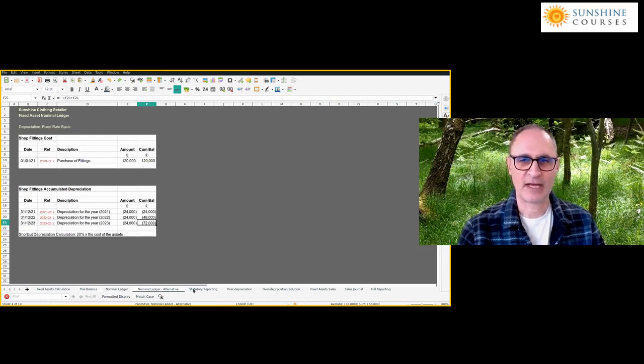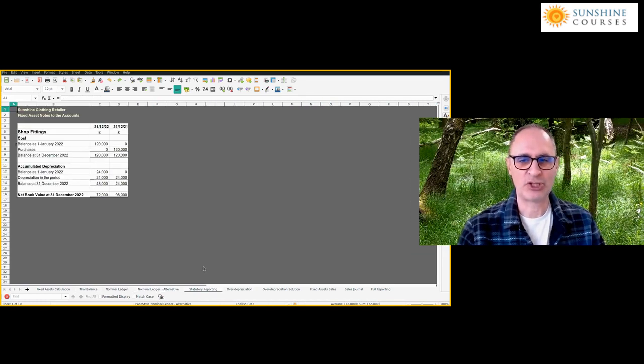So, final thing I just want to mention is how you show this in the statutory accounts. And in the statutory accounts, there's a traditional format. You show the previous year in the following column, and the current year is in the first column. And for various reasons in the statutory accounts, we separate out the cost from the accumulated depreciation to show the net book value.